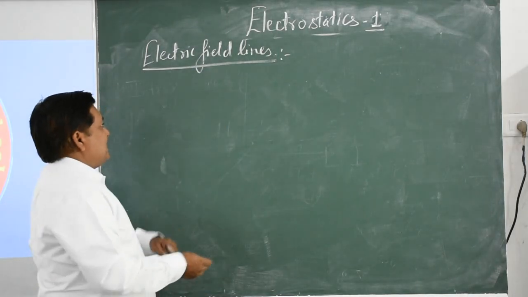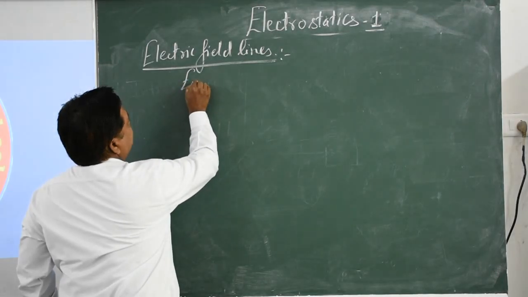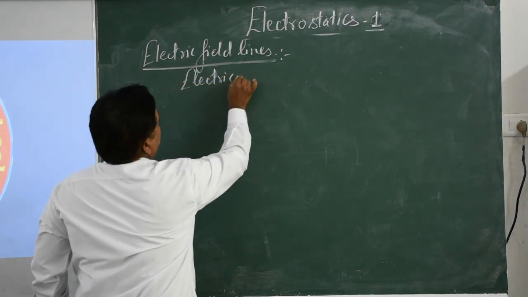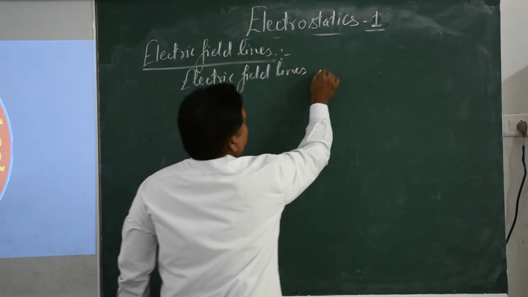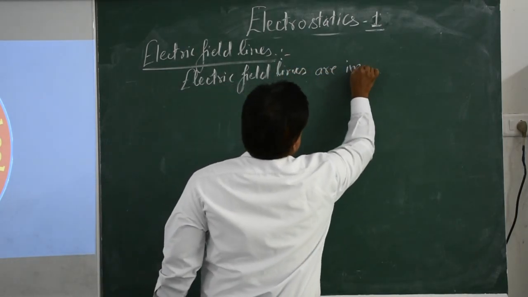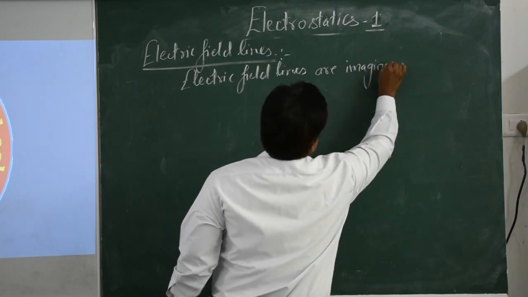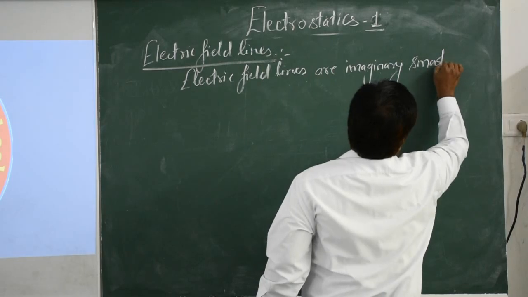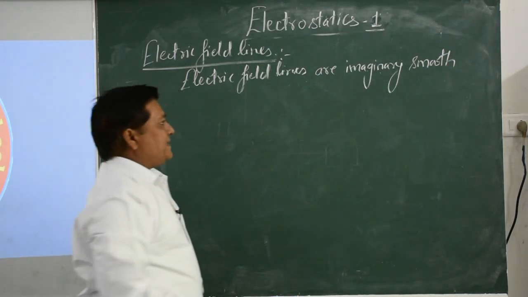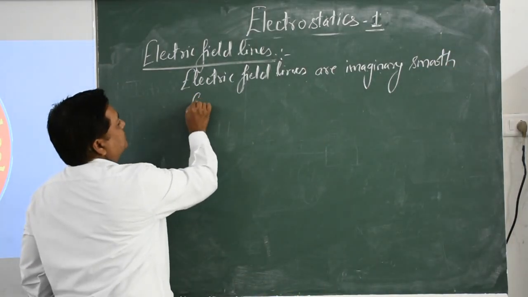We write like this: electric field lines are imaginary, we consider imaginary, smooth curves which represent the direction of electric field.